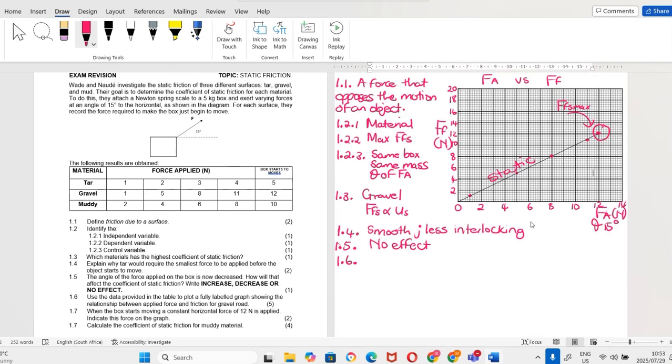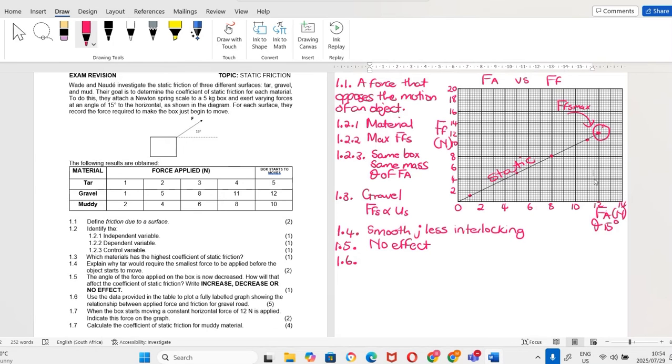Then the next question says, when the box starts moving, a constant horizontal force of 12 newtons is applied. Indicate this force on the graph. So to indicate this force on the graph, I could indicate that particular force anywhere above the maximum static friction, because remember, static friction shows the maximum force that you need to apply for an object to start moving.